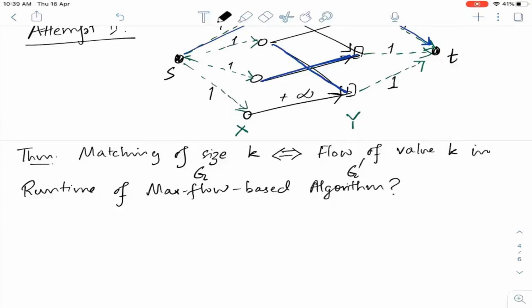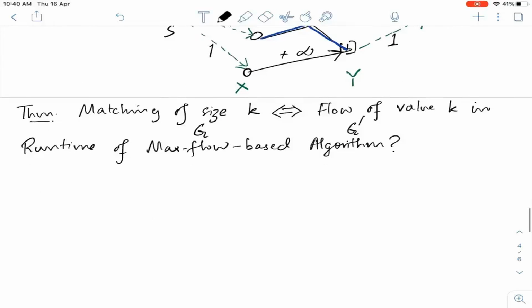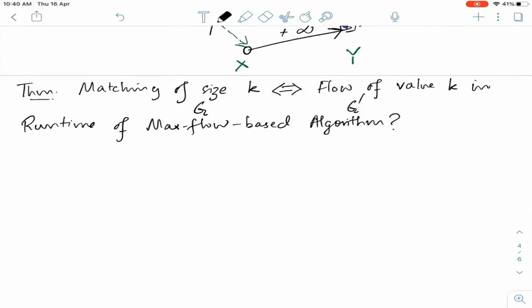So remember, now we have to state the runtime in terms of the number of edges and vertices in the graph, because these capacities and all that we have introduced because we wanted to reduce it to max flow. Okay, so someone says that the answer would be order V times E, right? So let's see why that is the case.